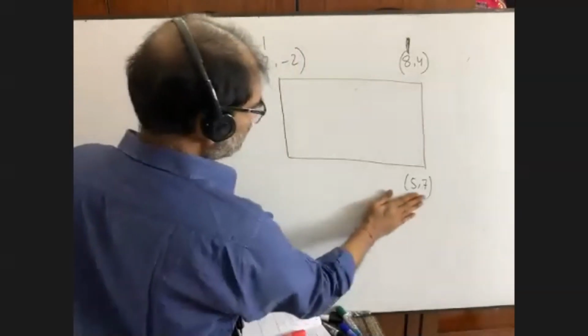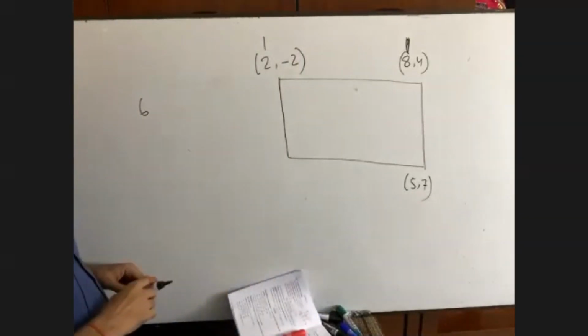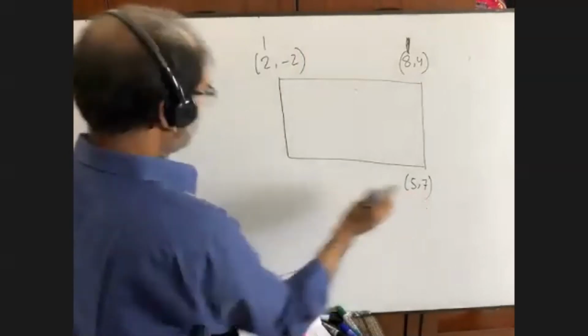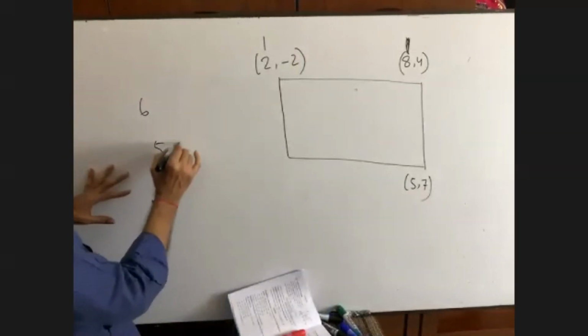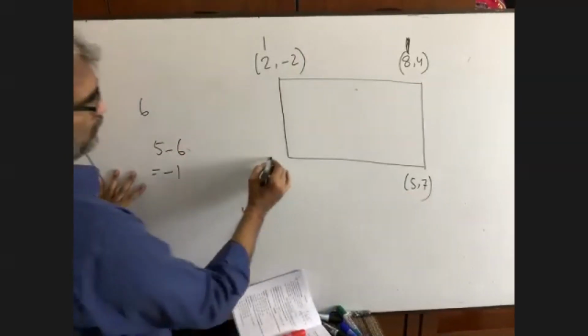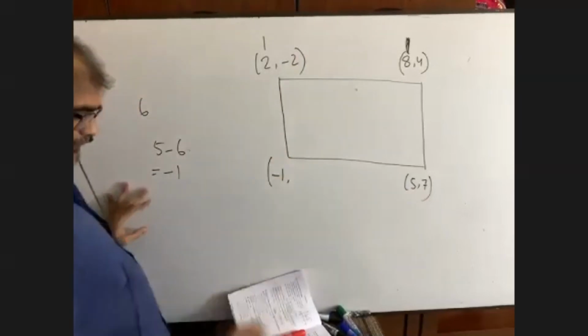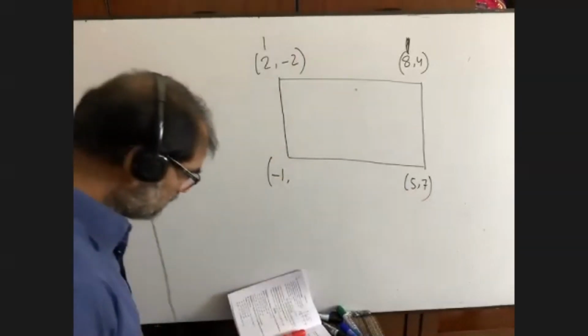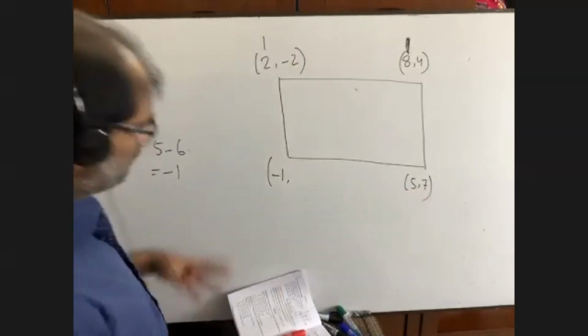Now it is increased or decreased? Decreased. So you have to take 5 minus 6 equals to -1. So we have got -1.